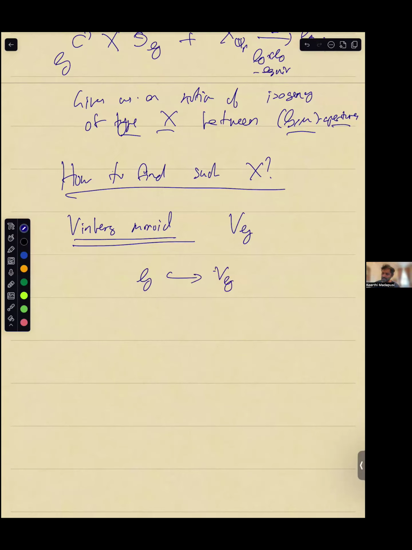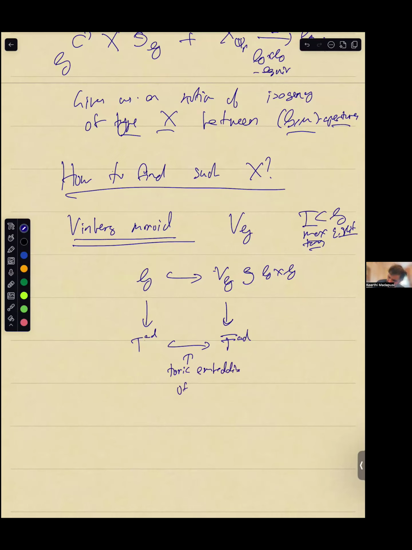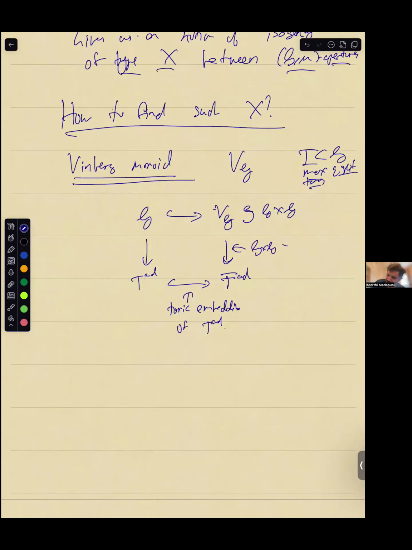Not going to say very much about this, but this is a monoid that has a map from G. So it's a monoid scheme. In particular, because it has a map from G, it has a two-sided action of G times G. And if T inside of G is a maximal torus, what you can call a quasi-split torus, then there is a map from V_G down to T_ad bar, and this map is G times G invariant.